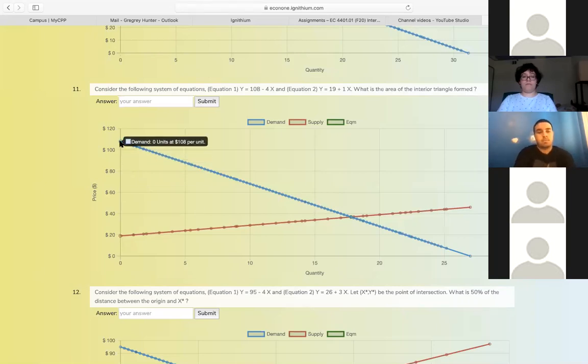So here's the base, right? And from that base, you can give an altitude, which goes to the equilibrium point where those two lines cross. So, Anthony, if you look at this, you would say the base is 108 minus 19, that measures that distance there.